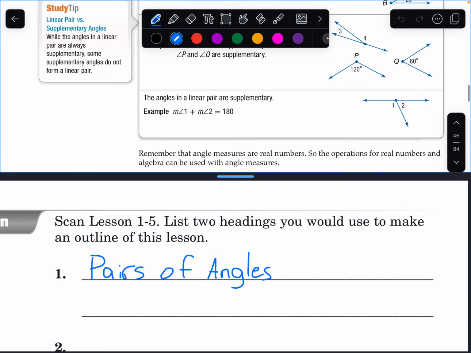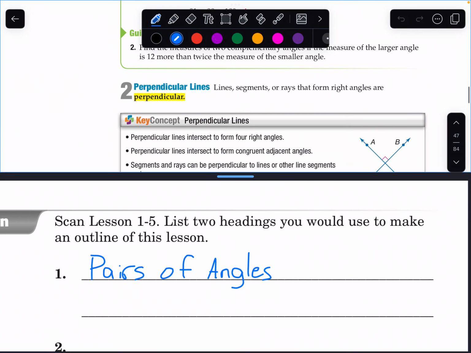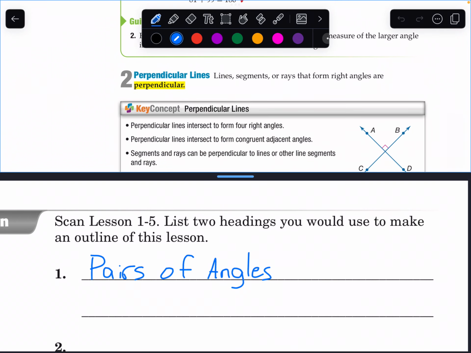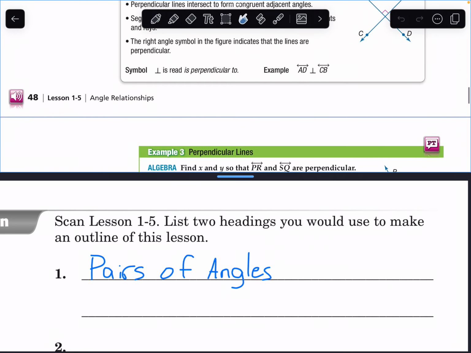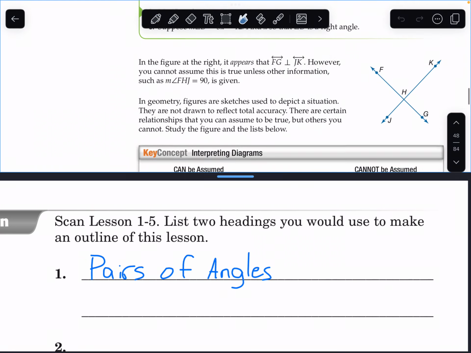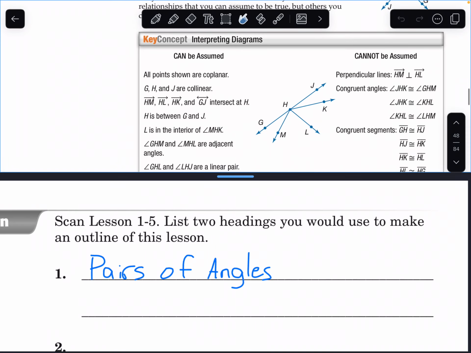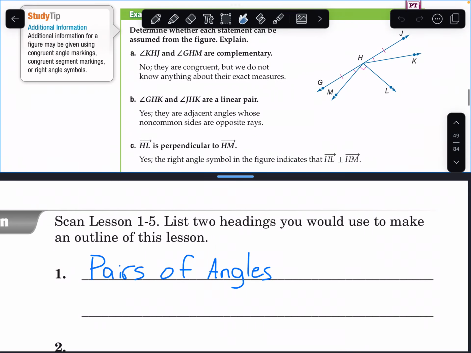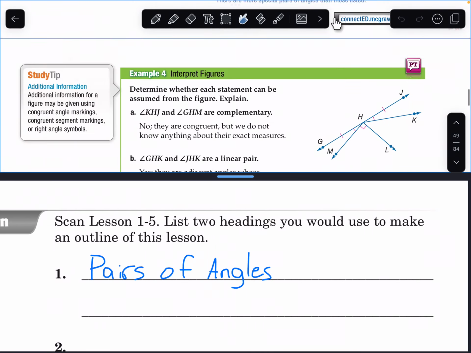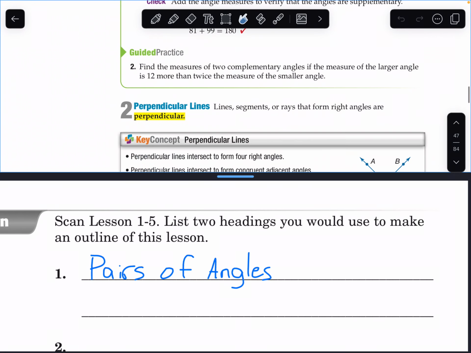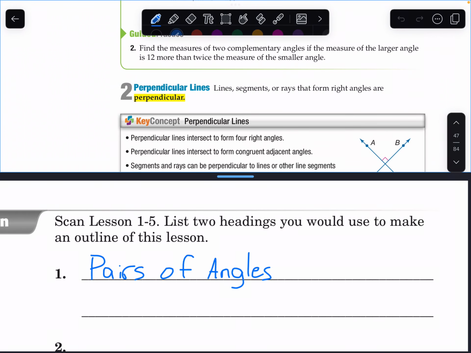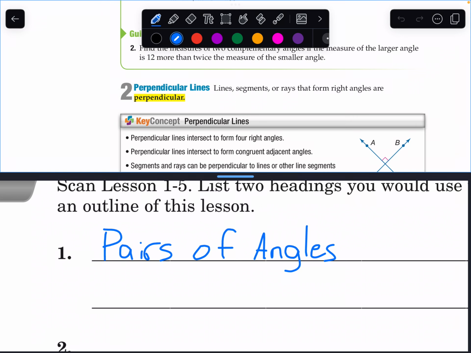All right, and then we had section 2, perpendicular lines, with a key concept and an example. Another concept on interpreting diagrams, and that would be the end of it. So perpendicular lines is the second section.